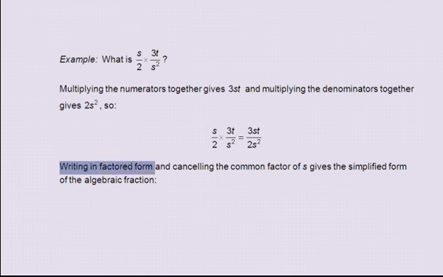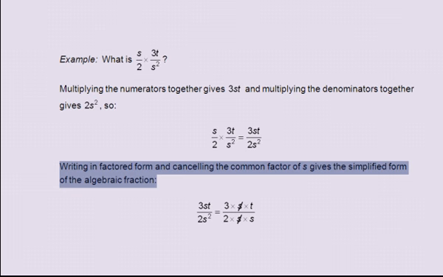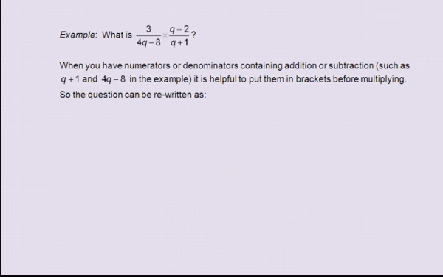Writing in factored form, 3st divided by 2s squared equals 3 times s times t divided by 2 times s times s, and cancelling the common factor of s gives the simplified form of the algebraic fraction, 3t divided by 2s.